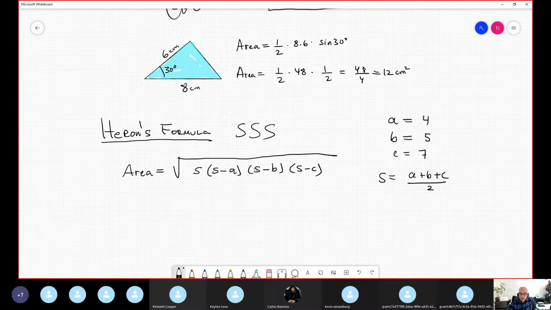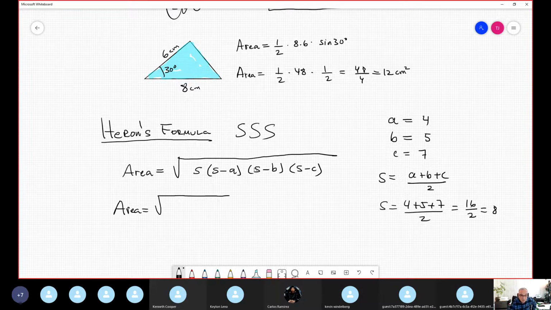Let's do it. So you compute, for example, s first, which is 4 plus 5 plus 7, divided by 2. 4 plus 5 is 9, plus 7 is 16, divided by 2 is 8. And now the area is equal to the square root of s, which is 8, times (8 minus 4), times (8 minus 5), times (8 minus 7).